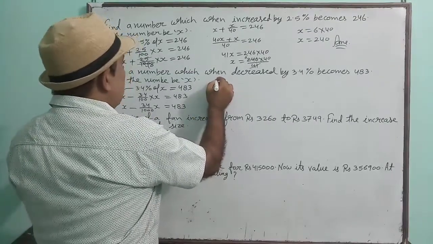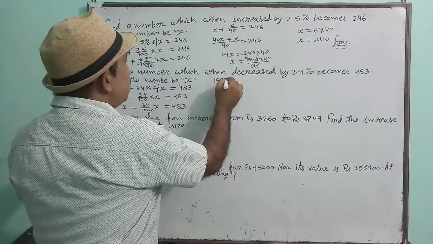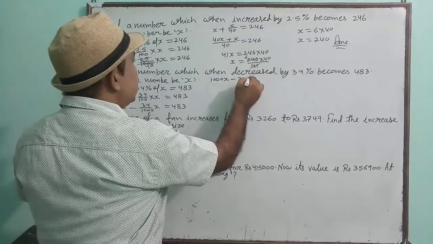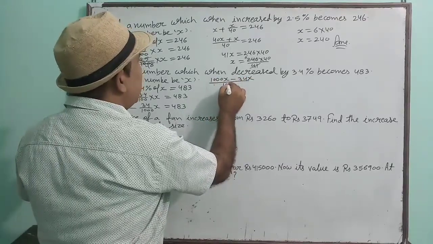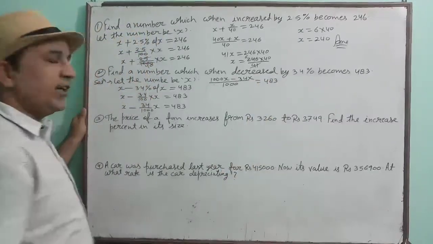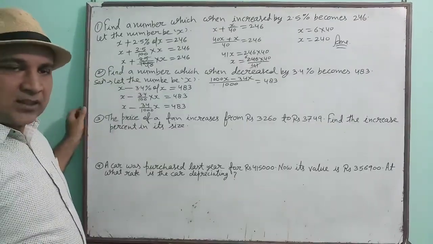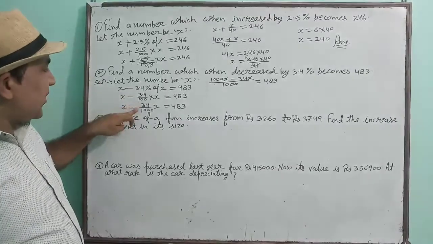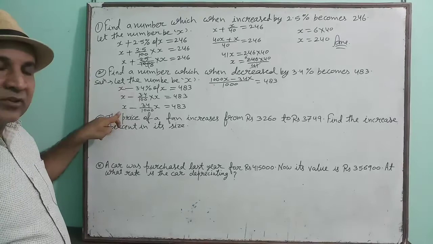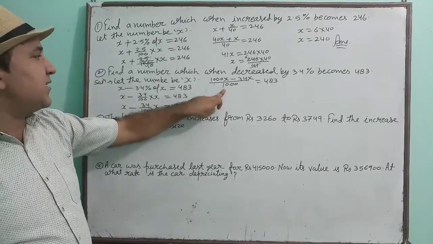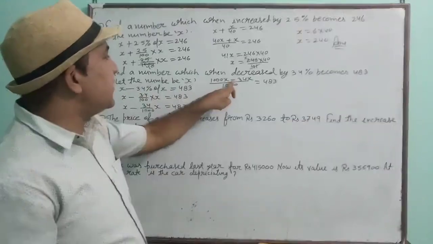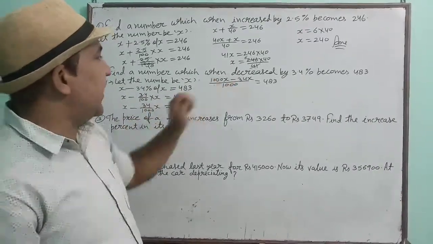Now, by taking LCM, 1000x minus 34x upon 1000 is equal to 483. Understood? 34 upon 1000 and here is x, the denominator is nothing. That means 1000 will be the LCM. So 1000 multiplied by x becomes 1000x minus this 34x.